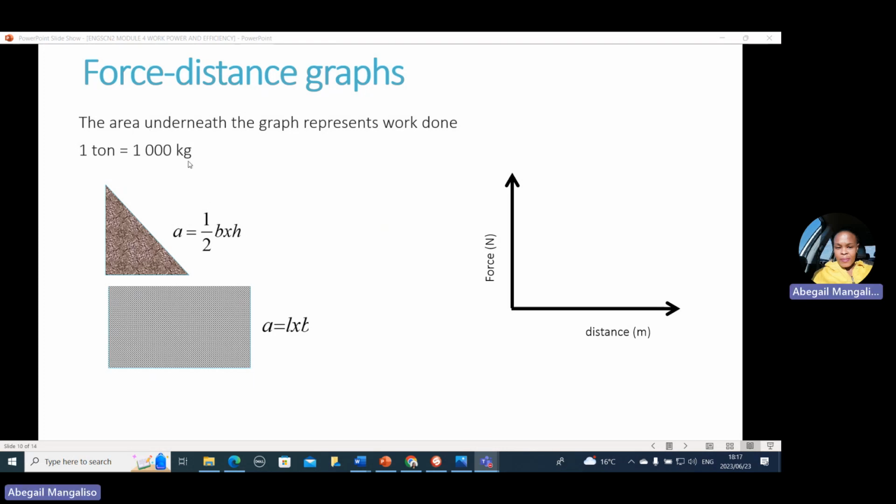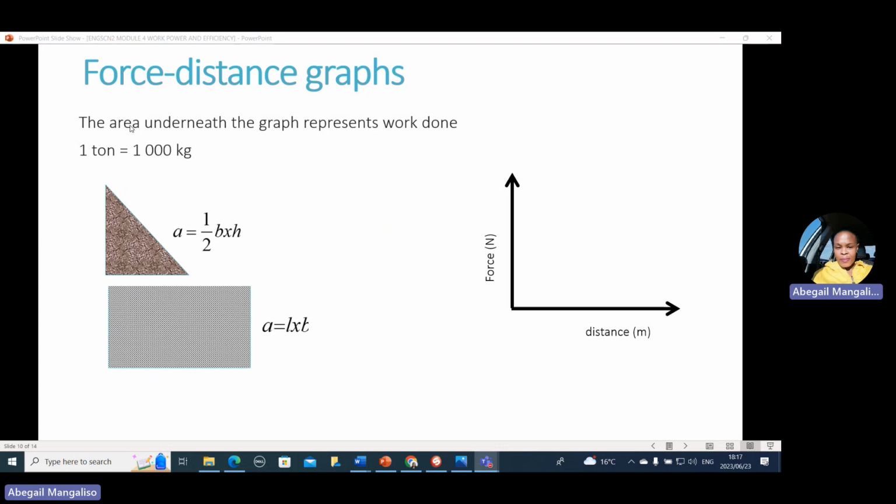Now, if the mass of the object is given in kilograms, it has to be converted to newtons because the name of the graph is force-distance. When changing from kilograms to newtons, you multiply by 9.8. It can also be given in tons. A single ton is equivalent to 1,000 kilograms.